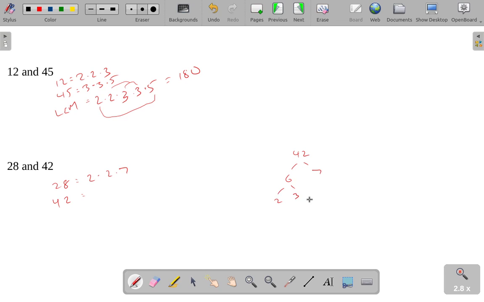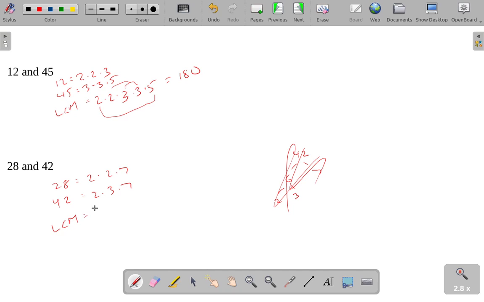And 6 is 2 times 3, so we got 2 times 3 times 7. That's, of course, not the only way I could have gone about that. I could have done 2 times 21, and 21 is 3 times 7. I just don't want you to feel like you have to do it the way I'm doing it. If you want to do it with the prime factorization tree, that's perfectly fine.